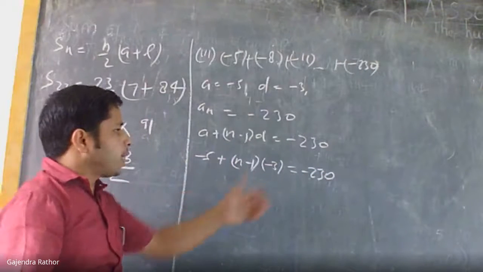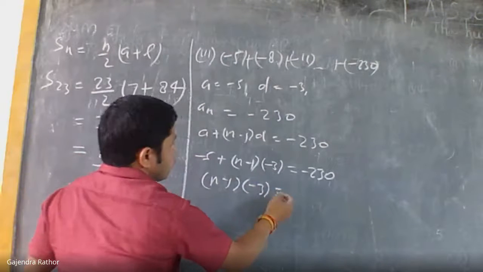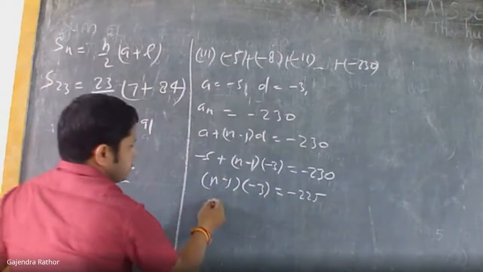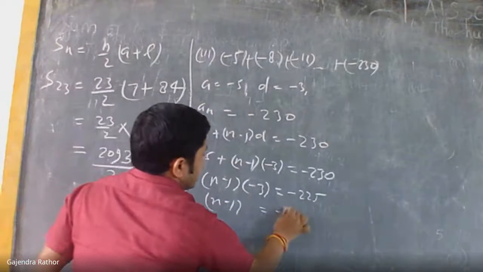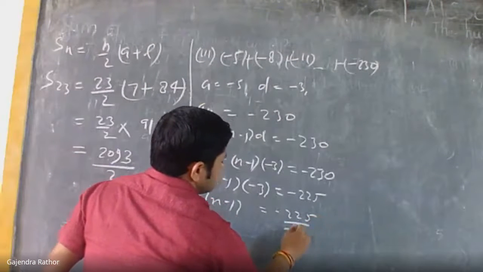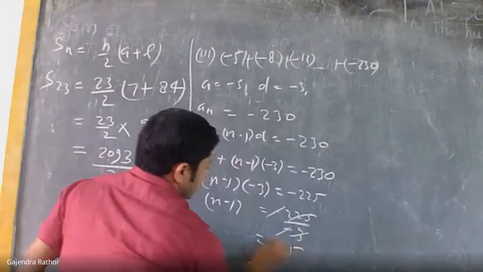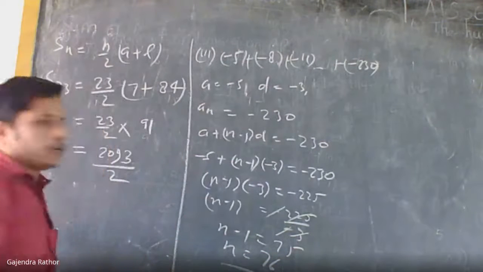Transfer minus 5 to the RHS. Remaining n minus 1 bracket minus 3 is equal to, this becomes plus, remaining 225. Now n minus 1, transfer minus 3, minus 225 divided by minus 3, minus minus cancel, divided by 3, 75, n minus 1, n is equal to 76.